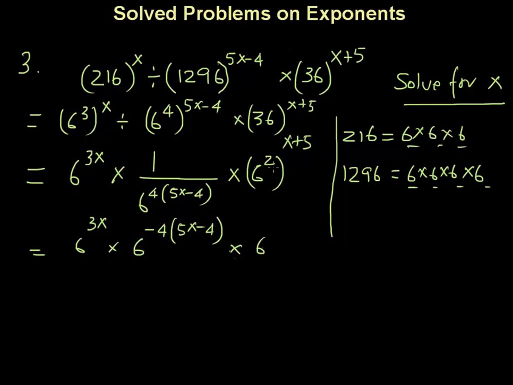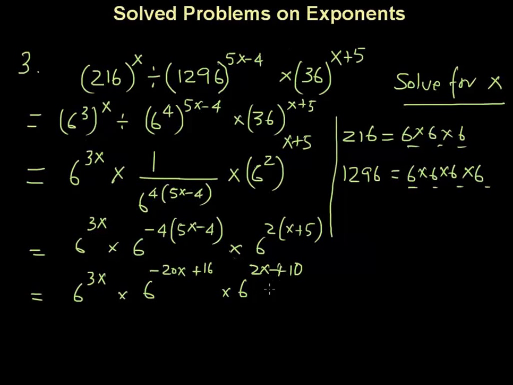This is 6 squared, so it's squared multiplied to the power x plus 5. Further we solve it, we get 6 to the power 3x multiplied by 6 to the power minus 20x plus 16, and then 6 to the power 2x plus 10. Right?